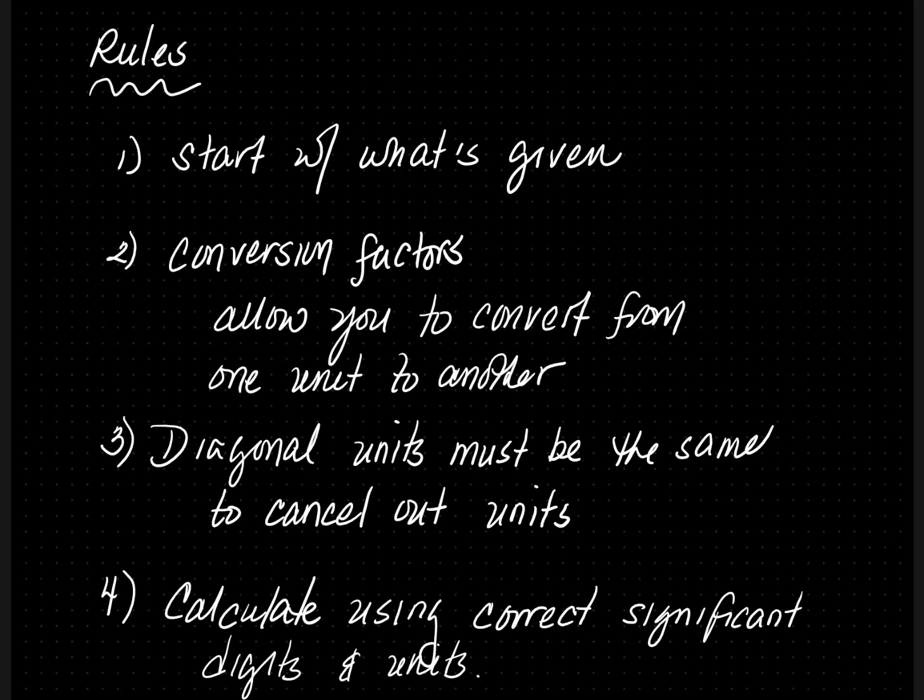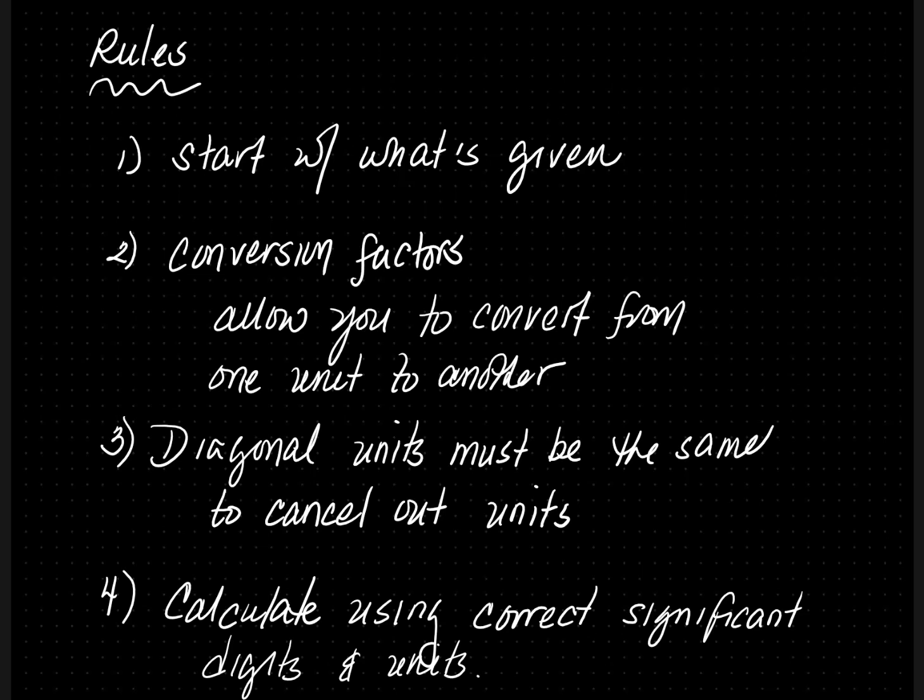So if there's one number, then you start with that one given number. If you are converting a numerator and denominator to a different numerator and denominator, that is the value that you start with. Number 2, you need to figure out what your conversion factors are.